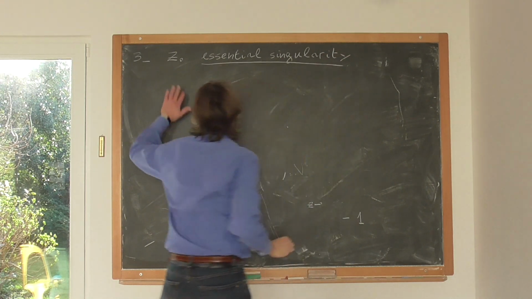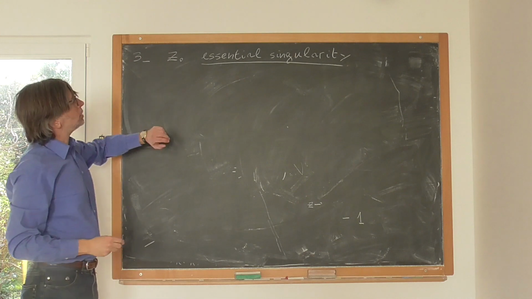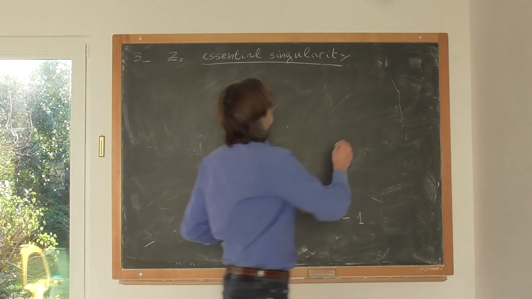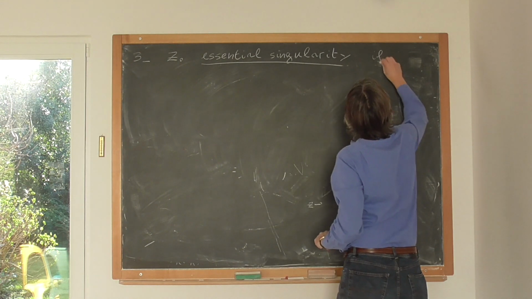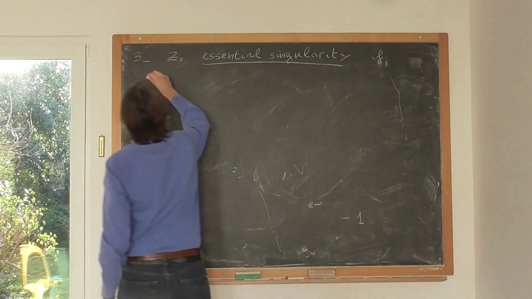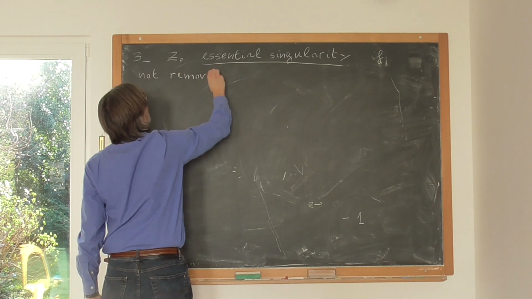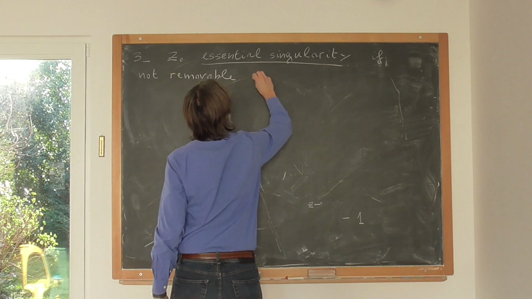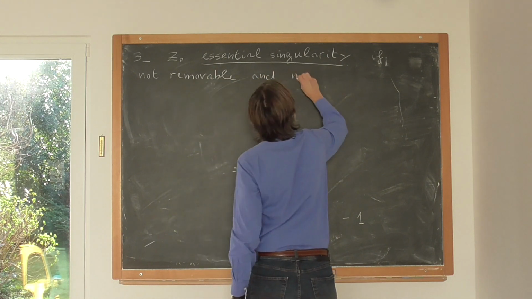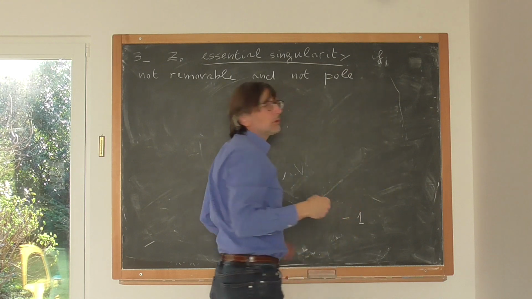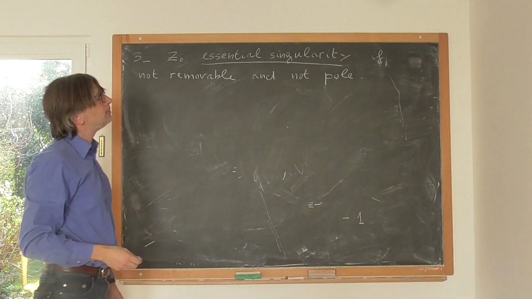Z naught is, as usual, an isolated singularity of our holomorphic function f. It is called an essential singularity if it is not removable and not a pole.